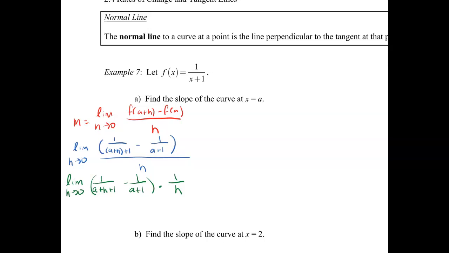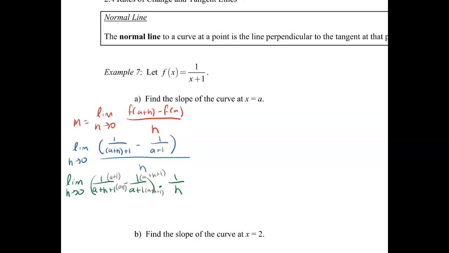Now, in order to subtract my two fractions inside the parentheses, I need to have a common denominator. So I need to multiply this bit by a plus 1, and this bit by a plus h plus 1, because whenever I do the top, I have to do to the bottom.